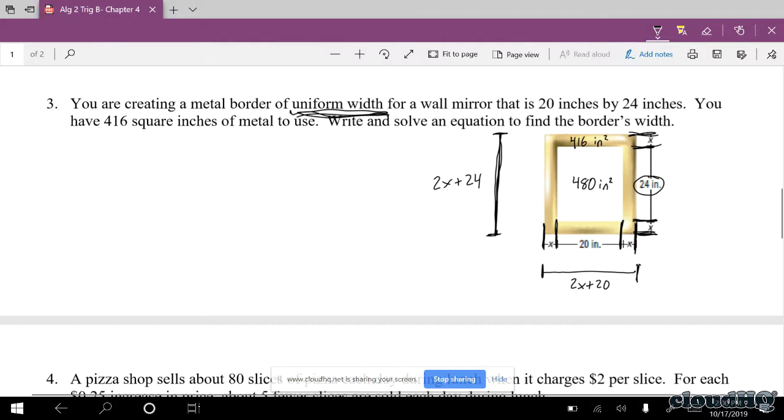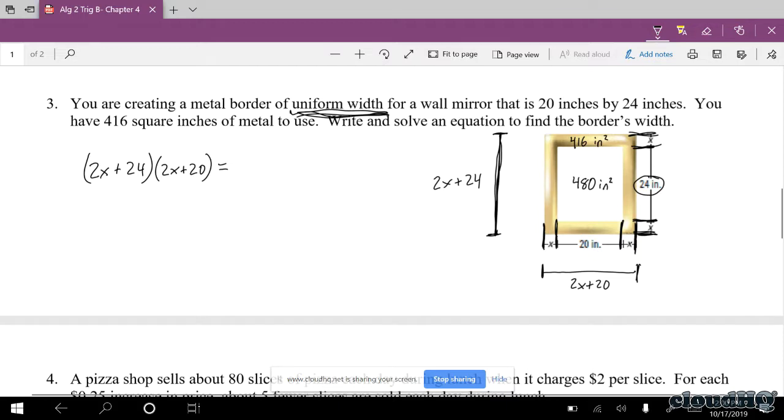And if we're talking area, base times height, length times width, whatever you want to call it, we'll have to multiply the dimensions. And when we multiply the dimensions, it equals the area of the entire rectangle. Do we know what the area of the entire rectangle is?